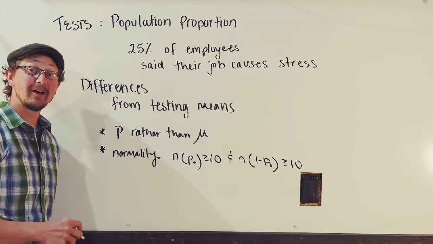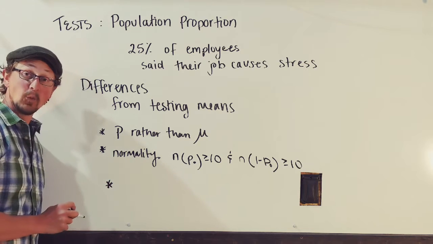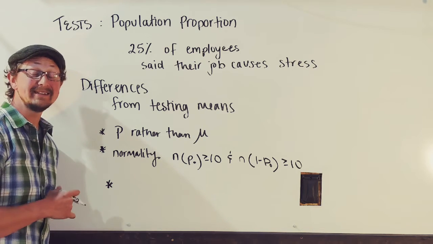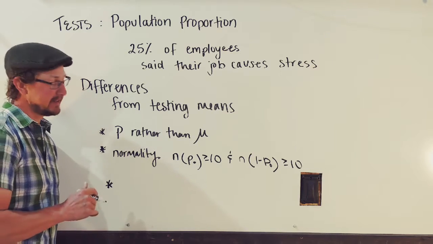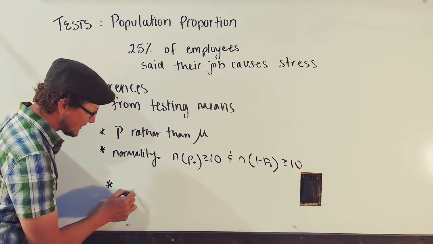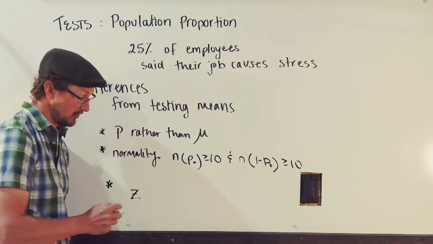Finally, in our calculations step, we're looking at a completely different set of computations. Well, maybe not completely, but certainly a little bit different. We're back to table A, talking about a z-score with proportion.